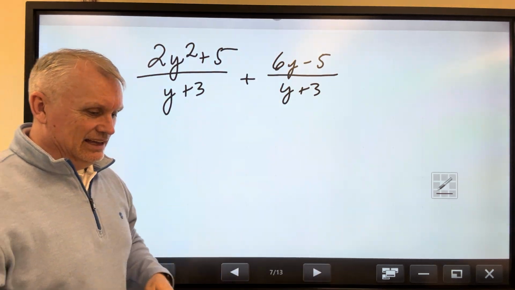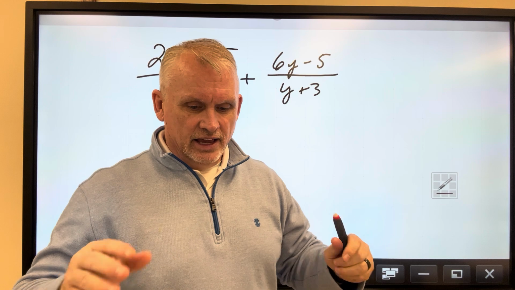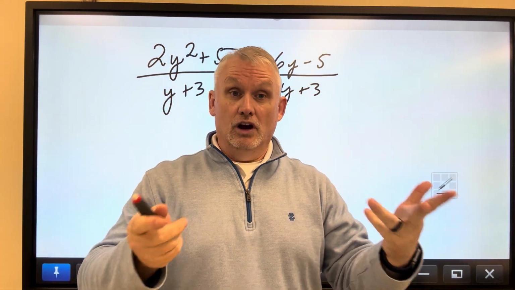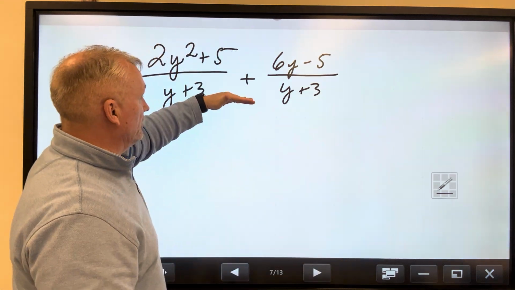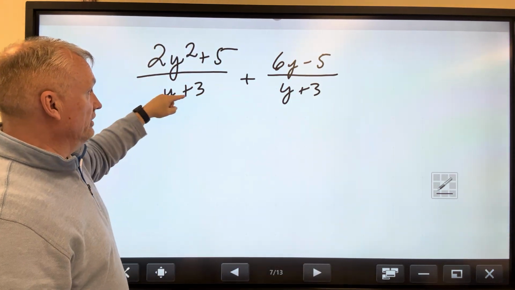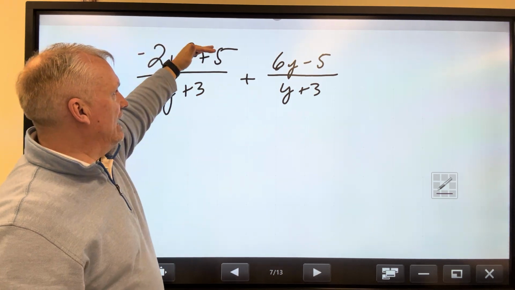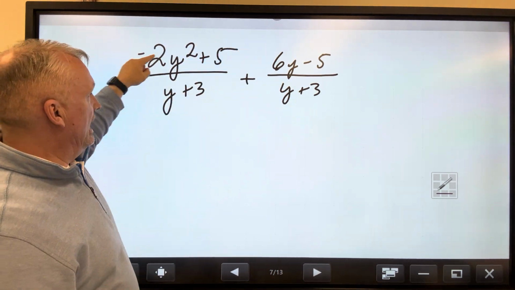When you are adding fractions, you have to have a common denominator. If you don't, you have to make one. Well, this is a common denominator, so this is good. All you have to do is add the numerators.